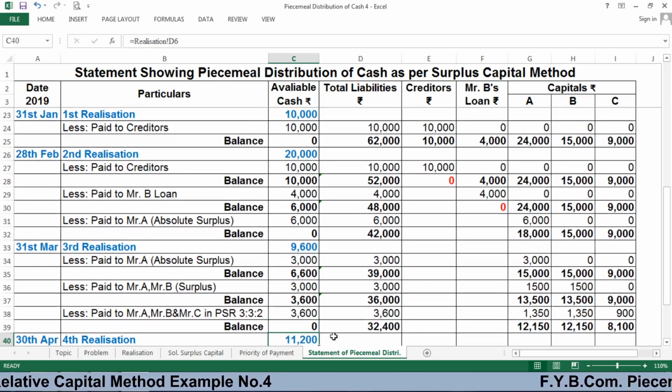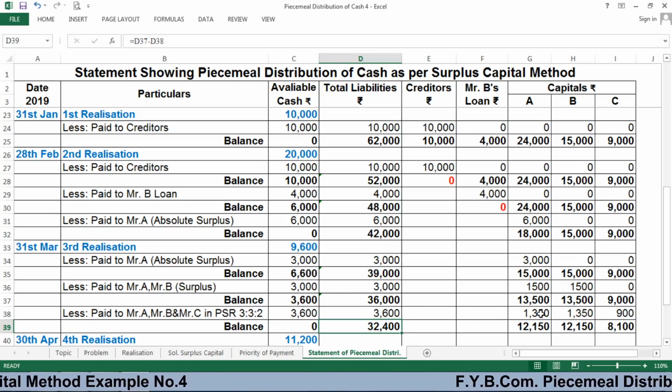Cash, we don't have a single rupee now, because after the payment of the third realization, all cash goes to absolute surplus and surplus capital part of it. So still we have 32,400 liability. You can cross check that whatever balance you have to pay, the total of the liabilities equals the total liability.